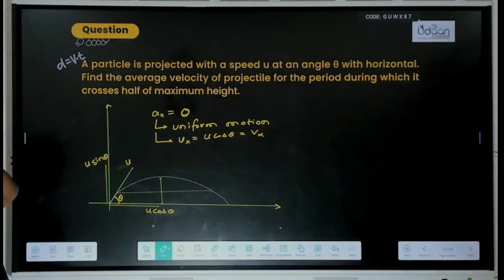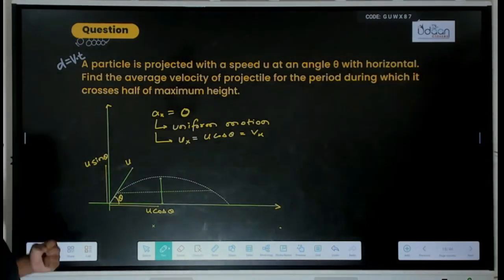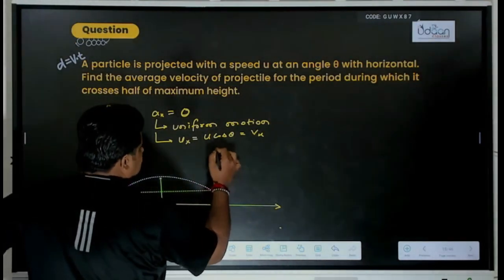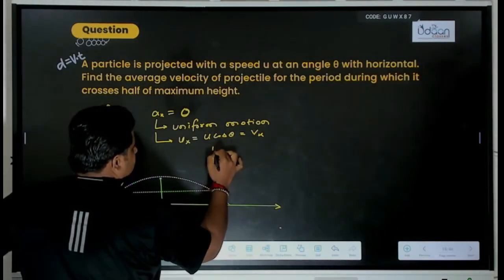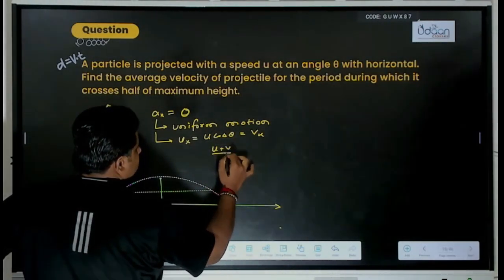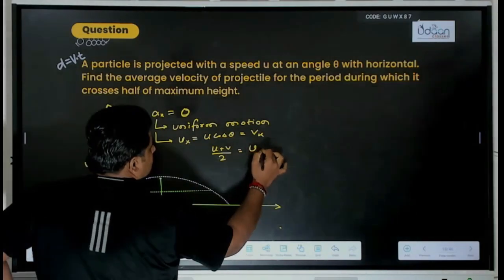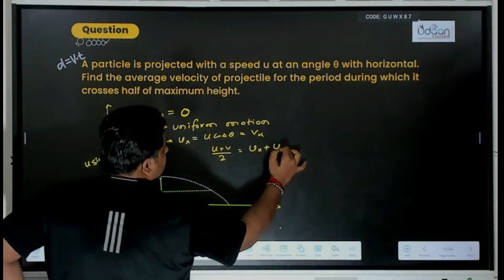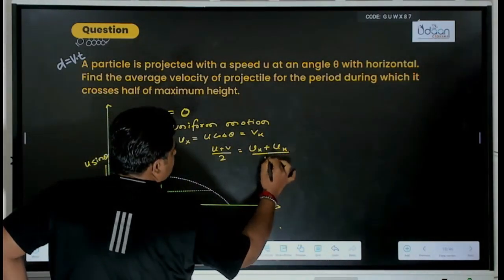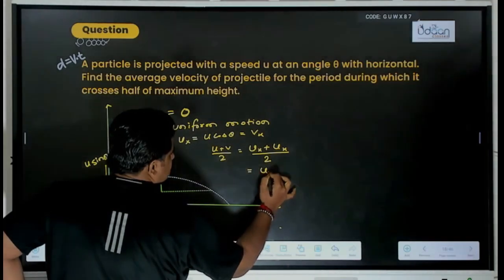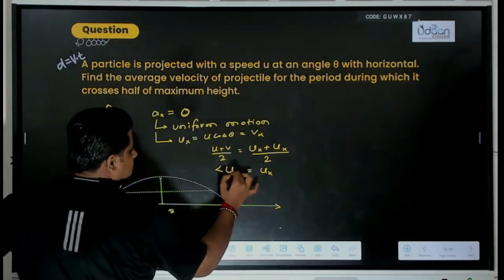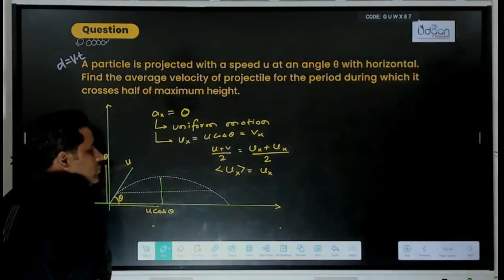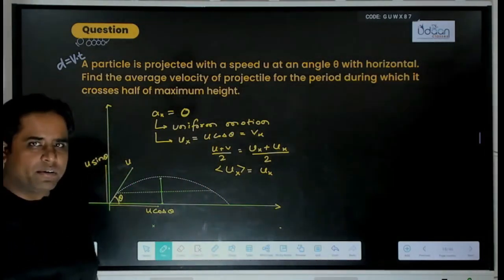So the average velocity will not change, because average velocity is (u plus v) by 2. Ux, later also it is ux, divided by 2, so it becomes ux. So ux average is nothing but ux. I hope you understand my point.